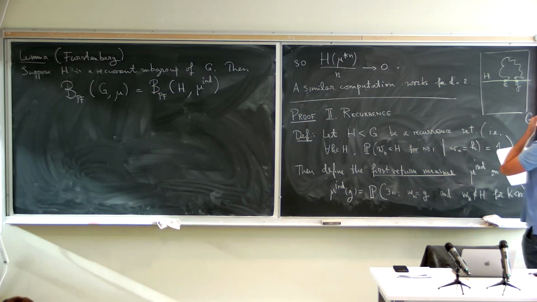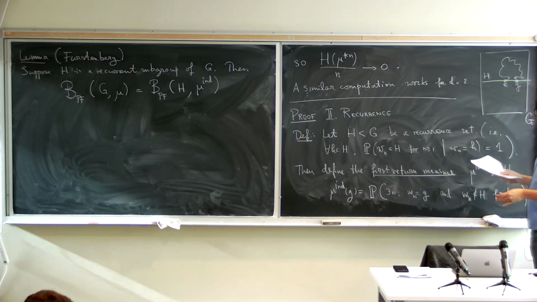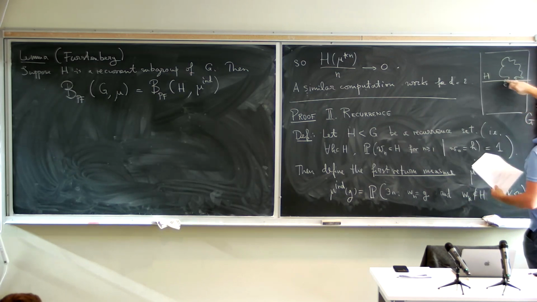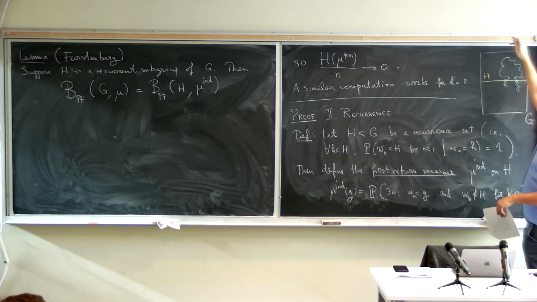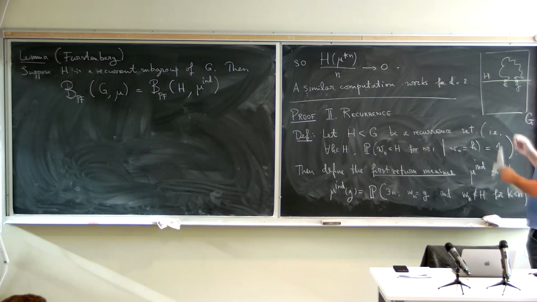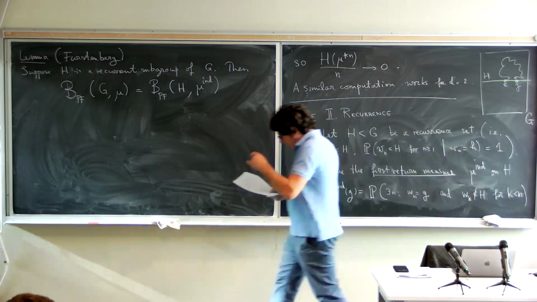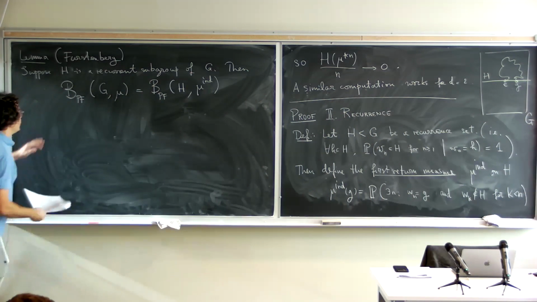So if you have a harmonic function on H, you can extend it to a harmonic function on G: by running the walk, at some point you hit some point in G, but the same path will also return to H infinitely often. That's the idea in this lemma.